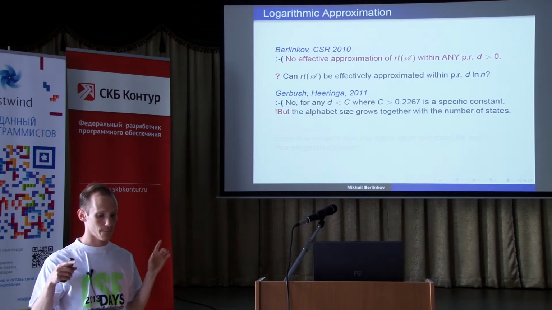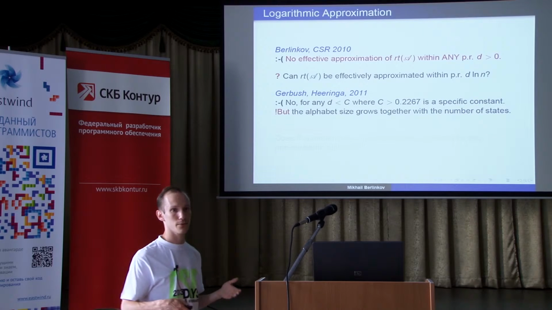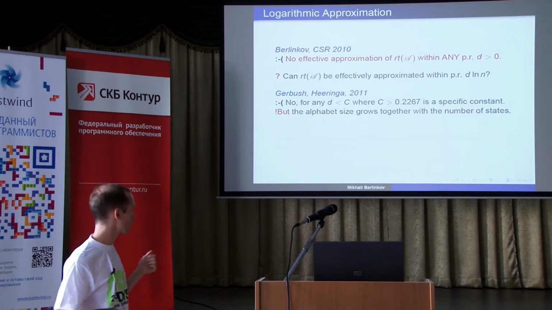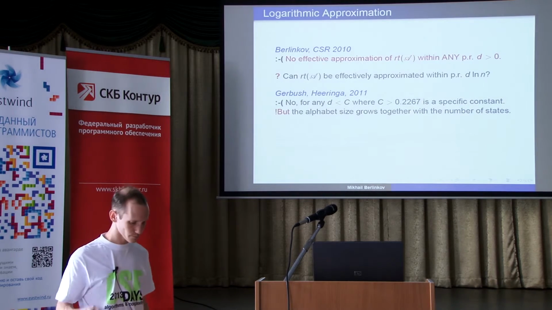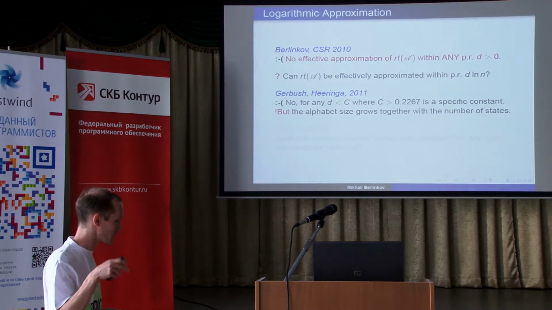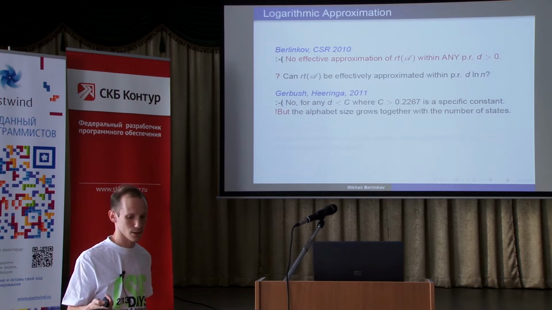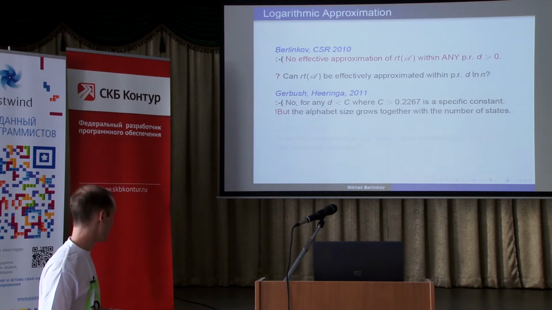But the alphabet size in the result grows together with the number of states. For automata, the main interesting case is when the alphabet has fixed size, especially the case of a binary alphabet.